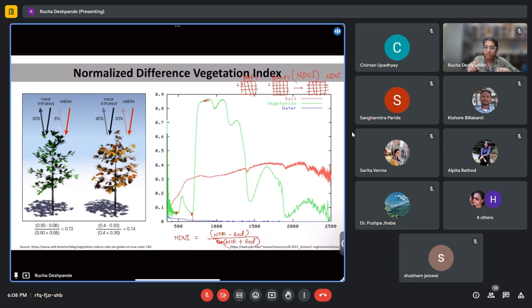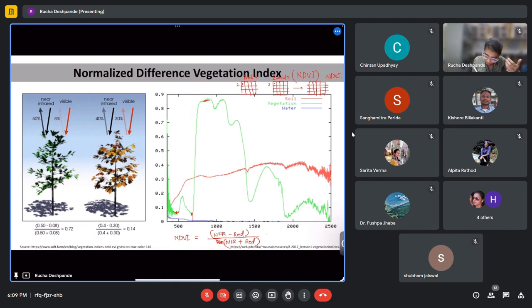One of the benefits of taking this difference is that there might be other features which show similar reflection characteristics in one of the regions. If we use only a band covering that spectral region, we might not be able to differentiate between those two. But when we take the difference between two different bands, it enhances the feature that we want to highlight.